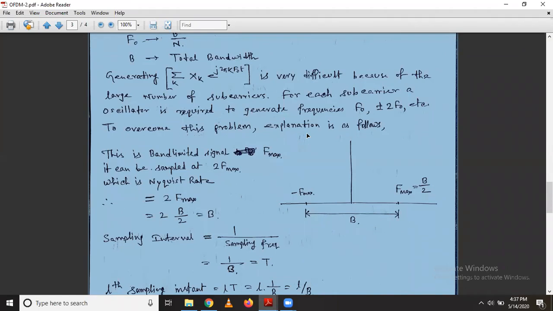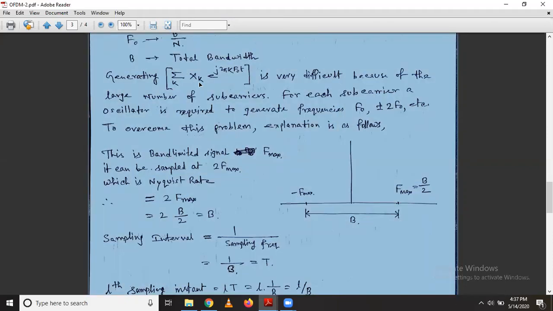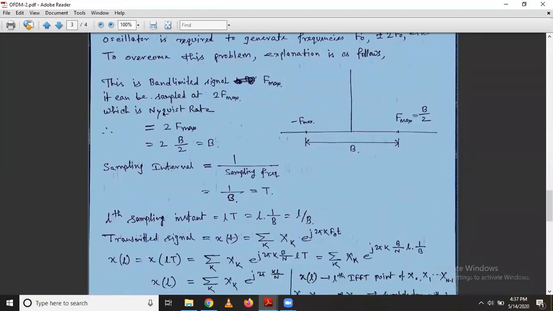That is the important thing: symbols into samples. Now our symbols are xk. Now we are going to convert this symbol into samples.